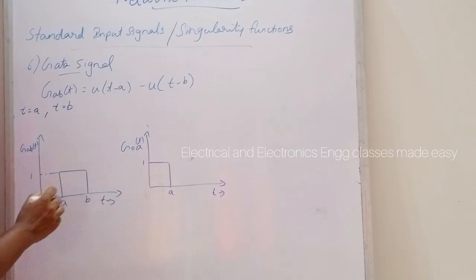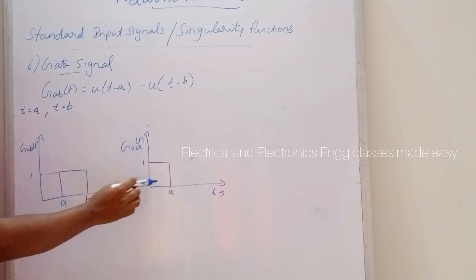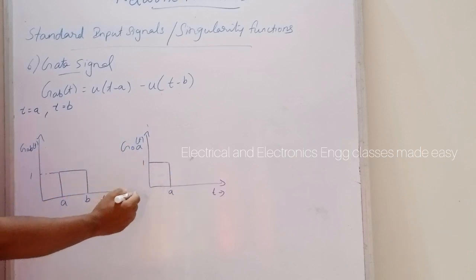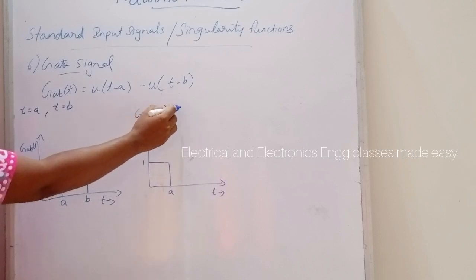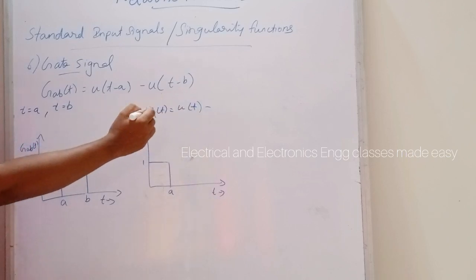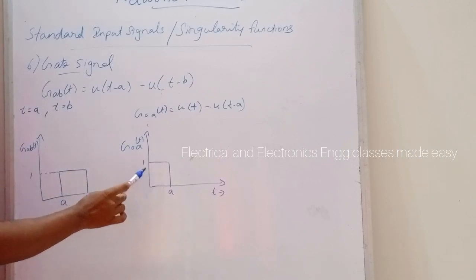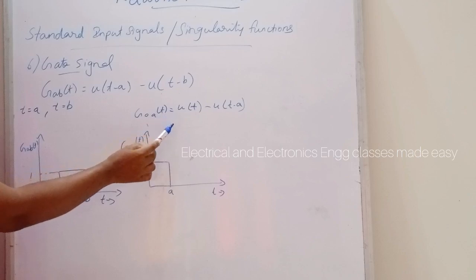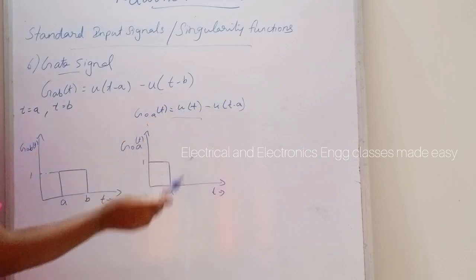And if the gate signal is starting at the origin, then it is represented like this: G_0a of t equal to u of t minus u of t minus a.